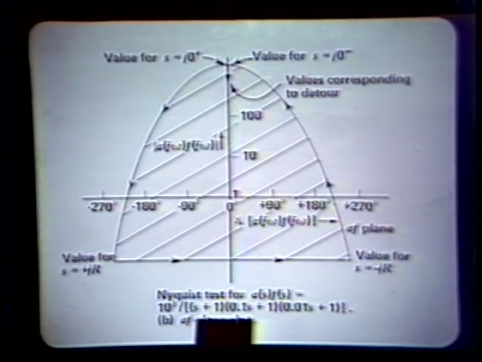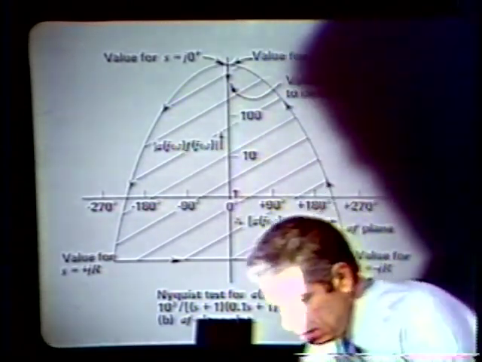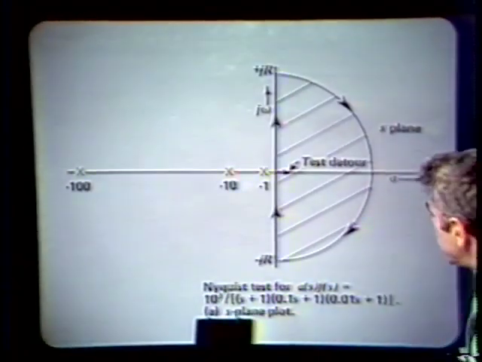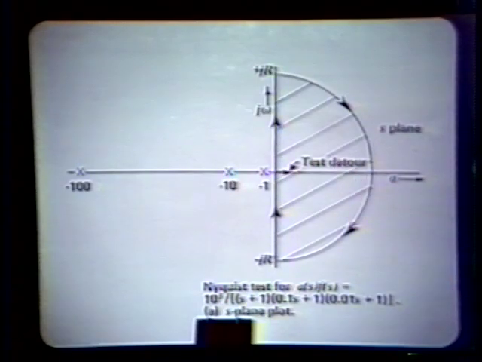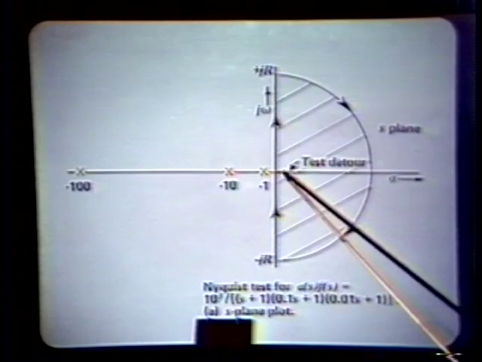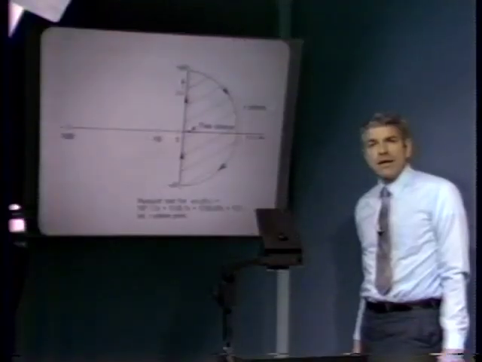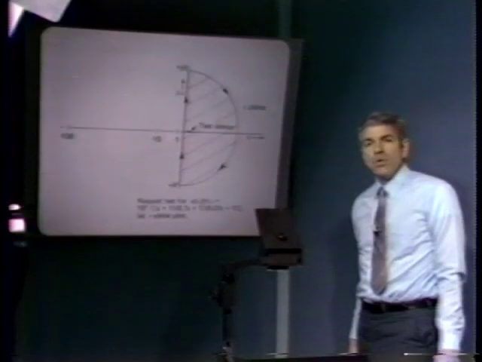And so our only final task is to determine whether this shaded region corresponds to this shaded region. One way to do that is to take a test detour. Incidentally, we could do this by depending on the property that I mentioned earlier, that when we take a right-hand turn in the s-plane, we take a left-hand turn in the AF plane.